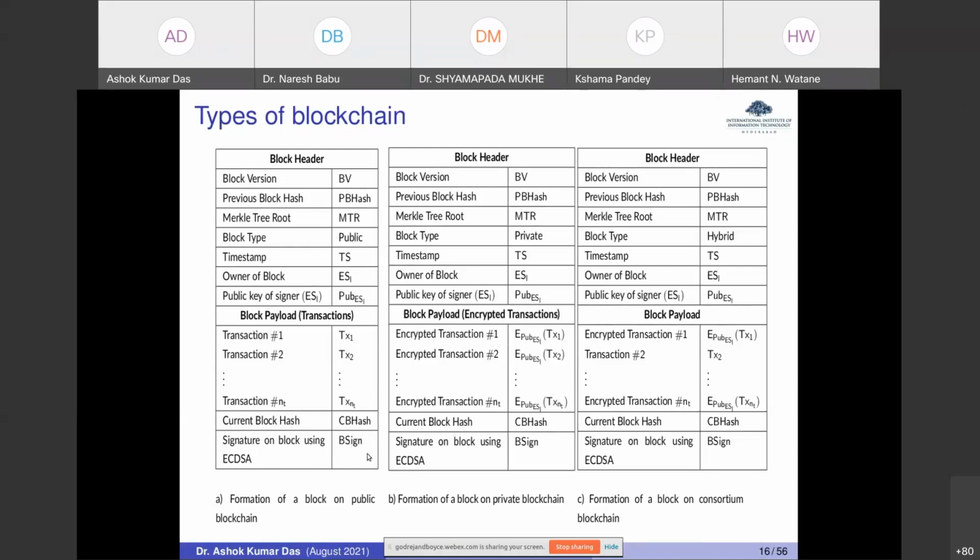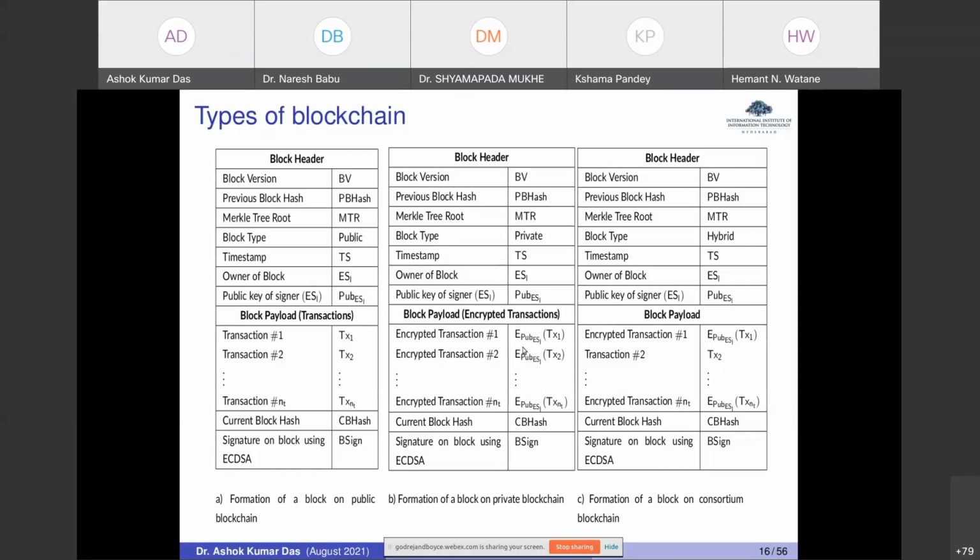Now, if we come to the private blockchain, it has similar structures. The only exception is that in the block payload, all the transactions are encrypted with the help of the public key of the block owner, so that only the owner of the block can decrypt the encrypted transactions with the help of his or her own private key.